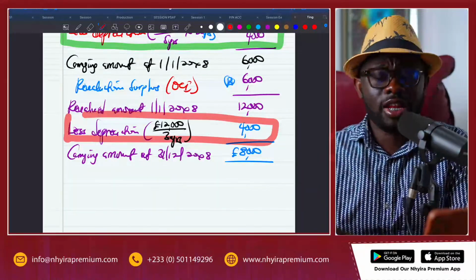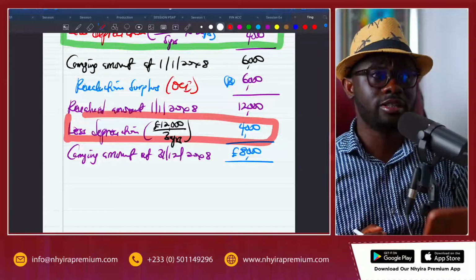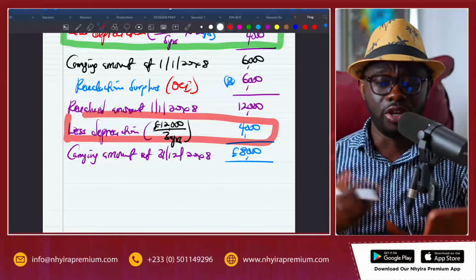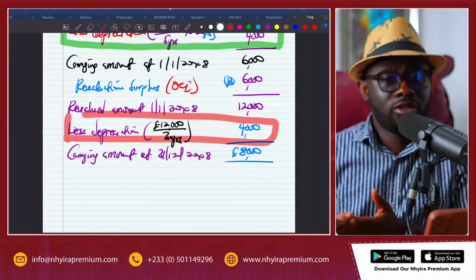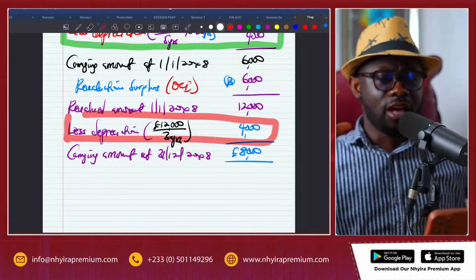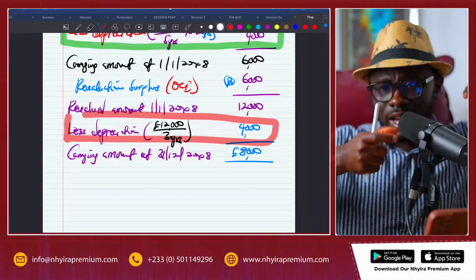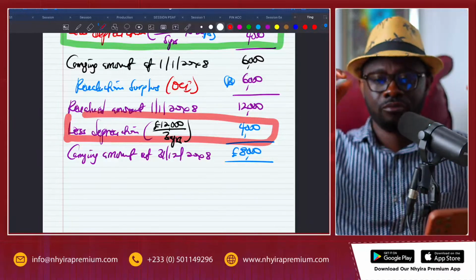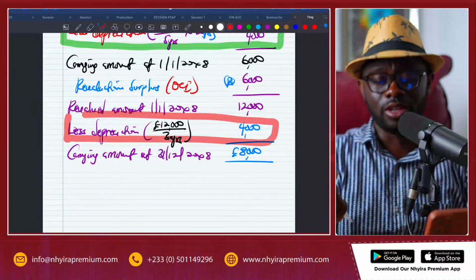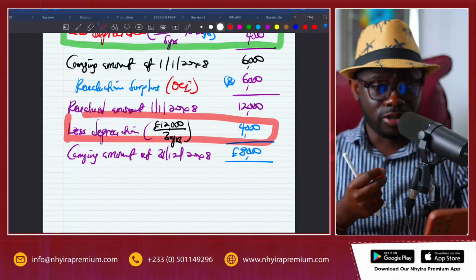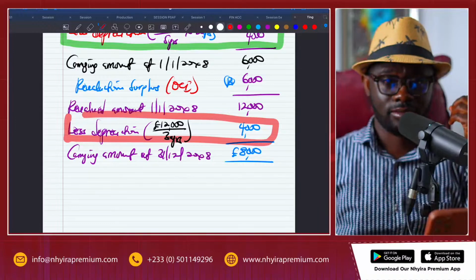Now, depreciation is an expense, and so what it means is that the profit is going to reduce. It means shareholders will not have a lot of amounts payable to them as dividend. And so sometimes an entity may elect to transfer the excess depreciation arising from the revaluation surplus from the revaluation surplus account to the retained earnings.